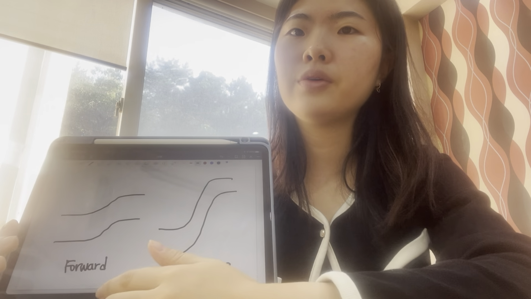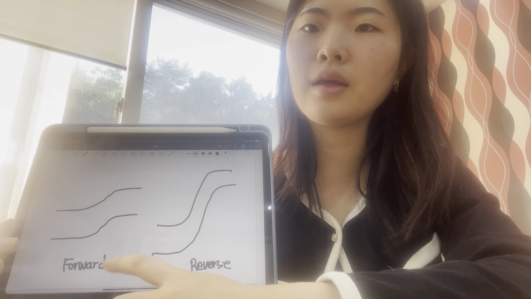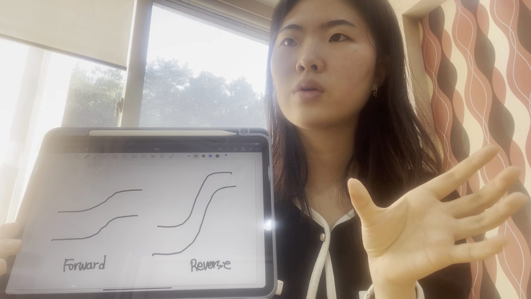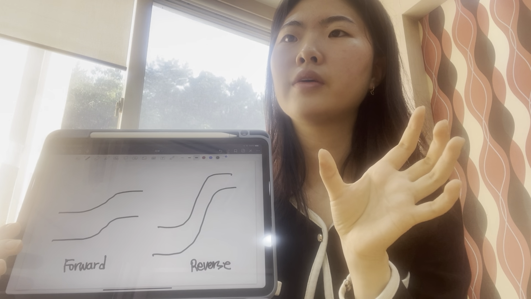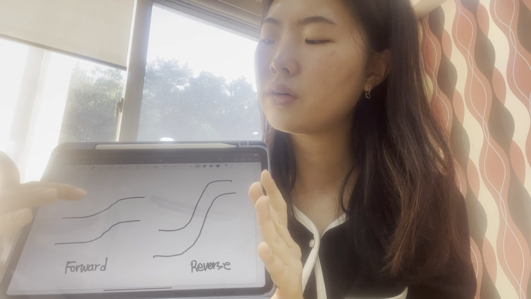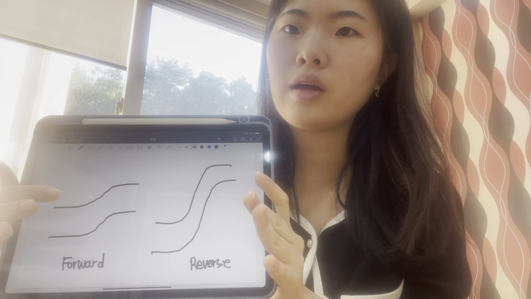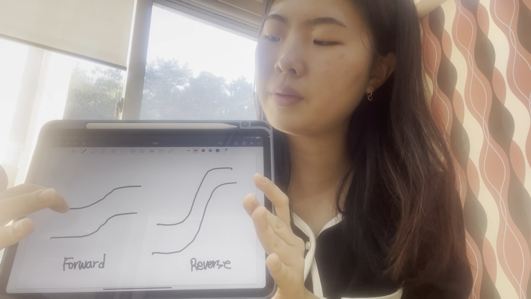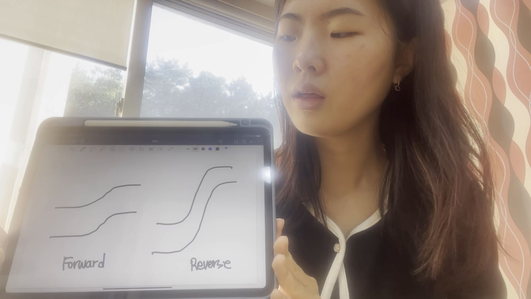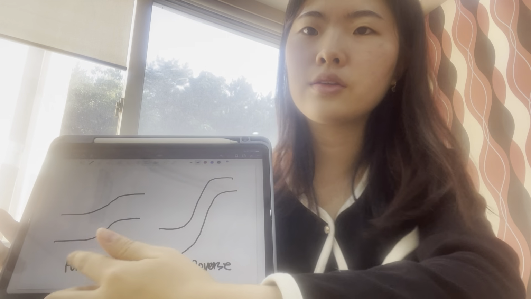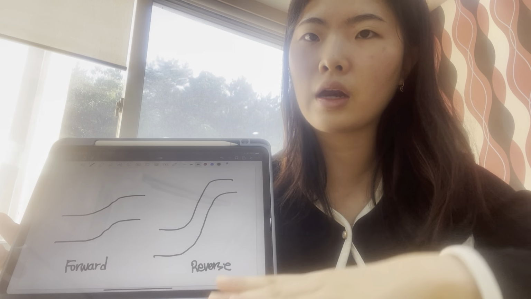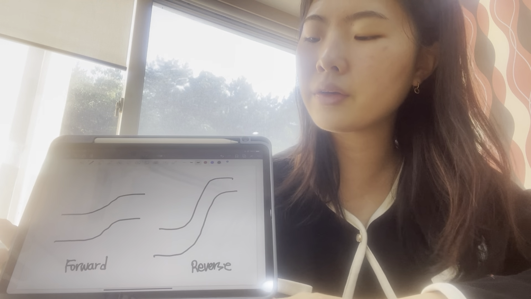First we put some forward bias in the PN diode. The depletion region will be smaller than before, and then the built-in voltage and energy gap between these two will be lower than before. So carriers move a lot more than before. So this is the characteristic of forward bias.